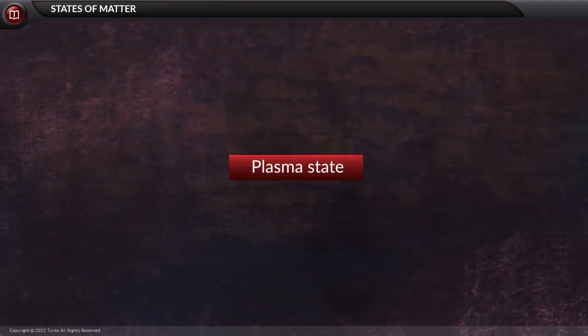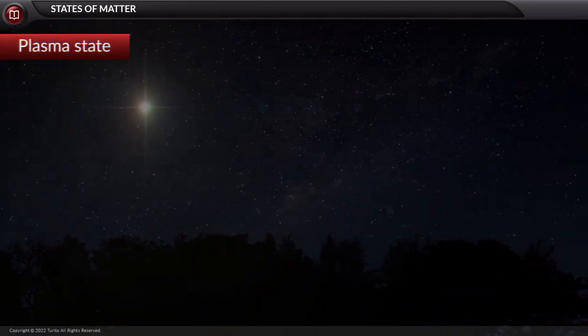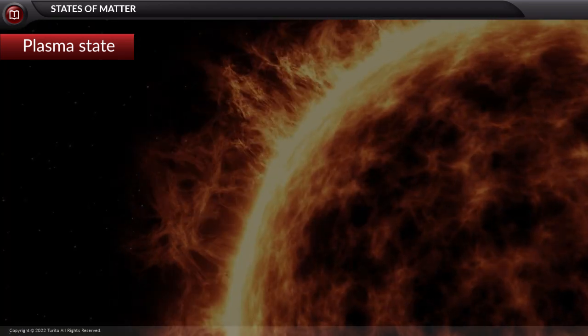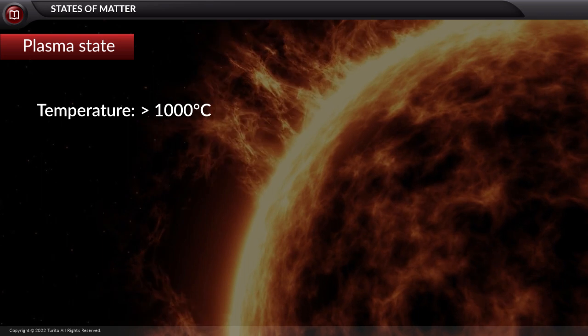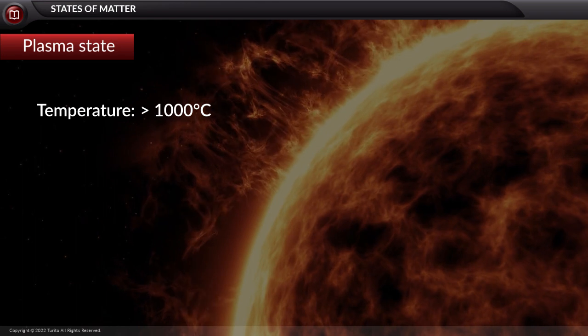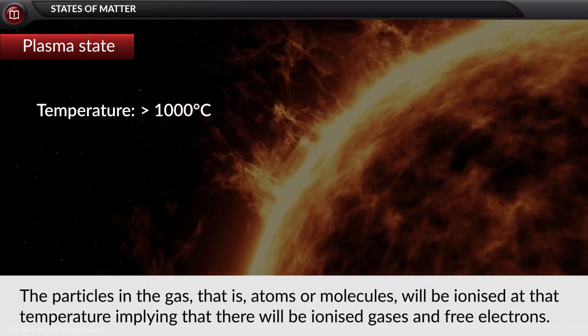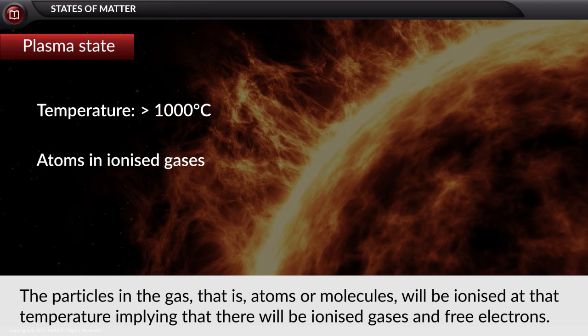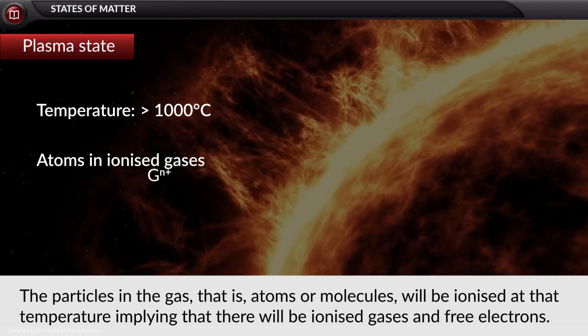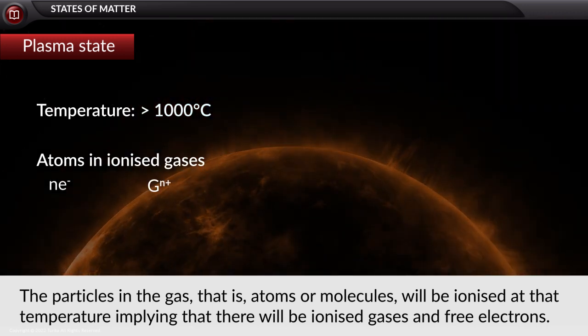The next one is the plasma state. What happens in plasma? For this, let us take an example of a star. What temperature will a star have? It will have a high temperature, above 1000 degrees Celsius. Correct? At that time, the particles in the gas, that is, atoms or molecules, will be ionized, implying that there will be ionized gases and free electrons.